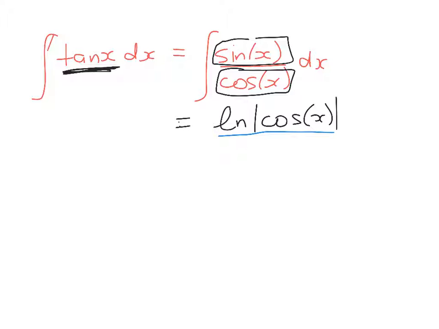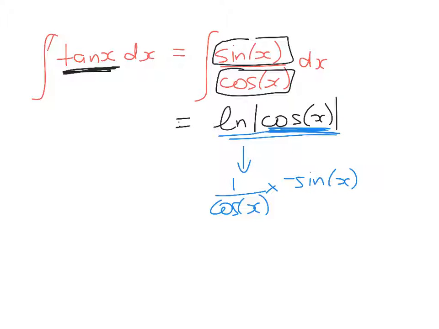When I differentiate this function, I'm going to get 1 over cos x times the derivative of the inside function by the chain rule. But that's not sine x, it's negative sine x. So to finish off this derivative, I need to put in a negative sign. We need negative log of cos x, and the very last thing before someone tells me I forgot is the plus c, because it's an indefinite integral.